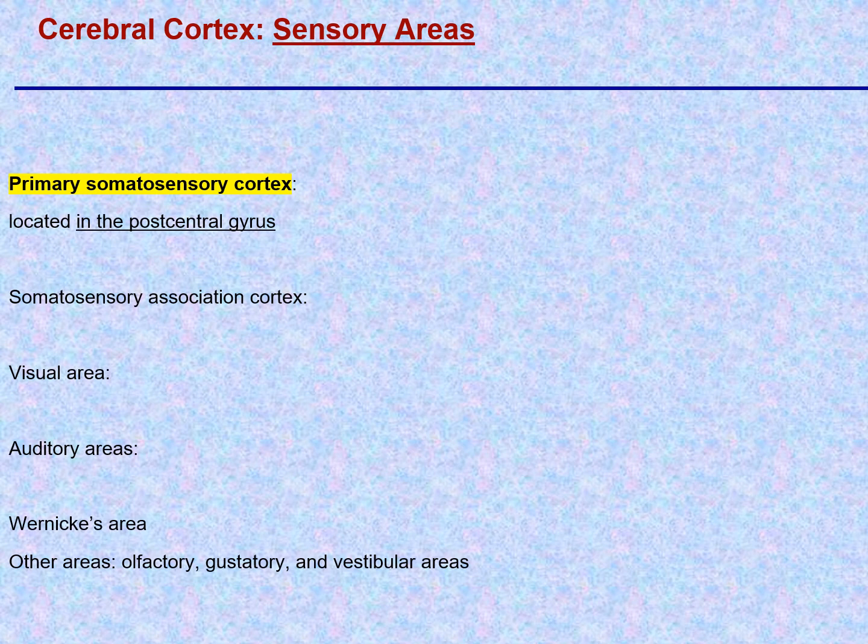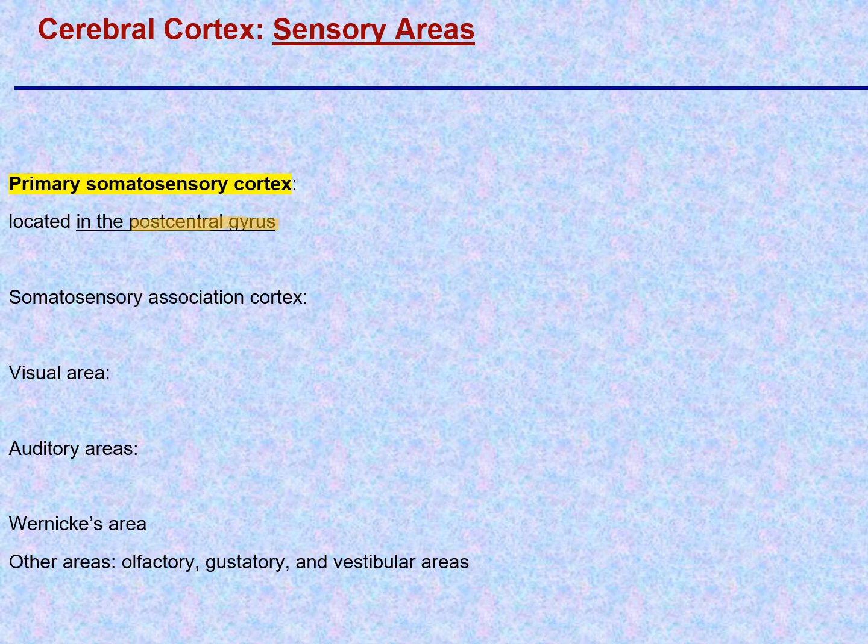Okay. Let's move on to the sensory areas. Remember, there's motor areas, there's sensory areas, and there's association areas. The major sensory region is the primary somatosensory cortex, located in the postcentral gyrus.